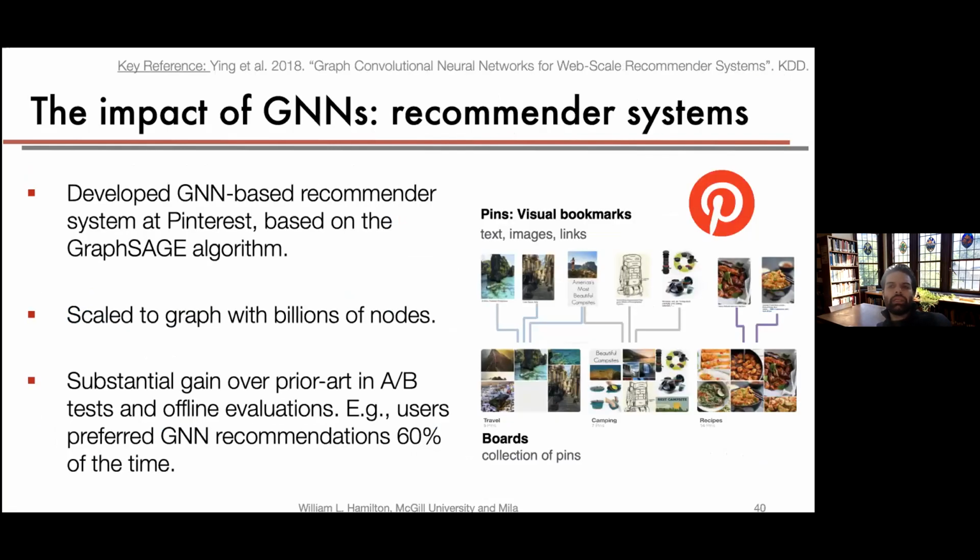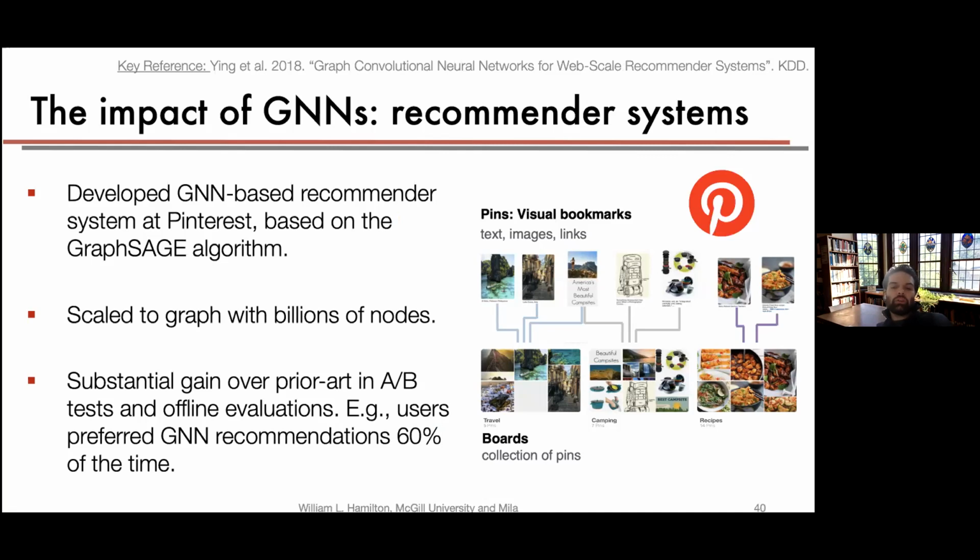Another really big impact area, if we're looking at where graph neural nets have had a big impact in practice, is recommendation systems. So here I'm showing one example from my work. This is a 2018 paper that was a collaboration with Pinterest, where we used the GraphSAGE algorithm, so one of these specific graph neural network techniques, in order to power the recommendation system at Pinterest.